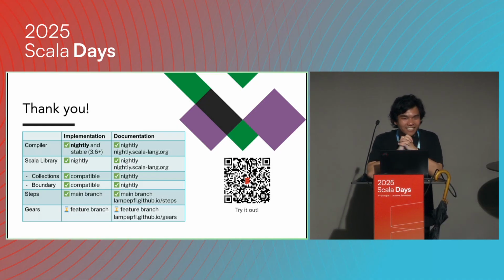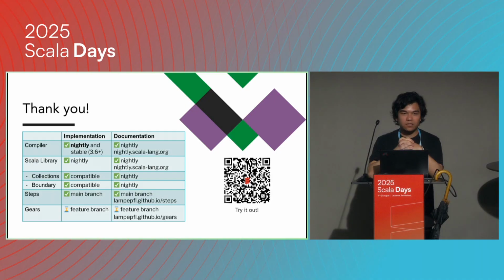Will there be backward compatibility to libraries not using the standard library capture? So, as I said, everything we add into the standard library as of right now is lazy list, iterable, and annotations. There are annotations everywhere in the collections and boundary and some other things.